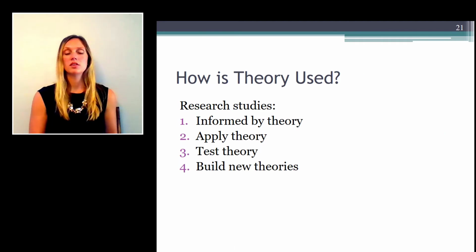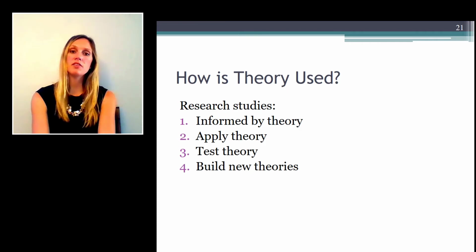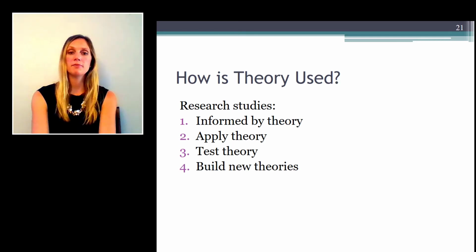To conclude, let's talk about the different ways that theory is used. Theory is commonly used in 4 different ways. The first way is that interventions are informed by theory. And what this means is that when I'm designing an intervention, I very loosely base my intervention on a theory.